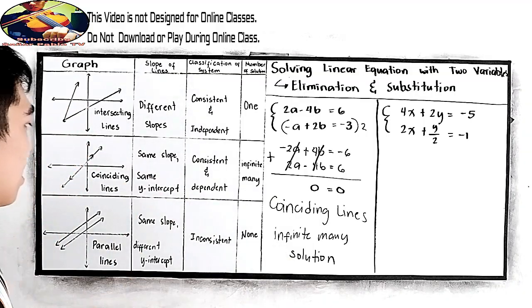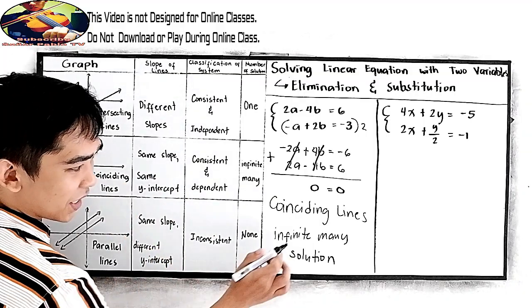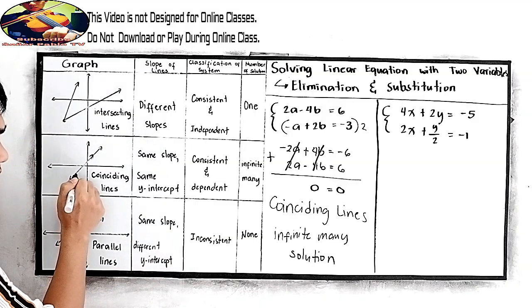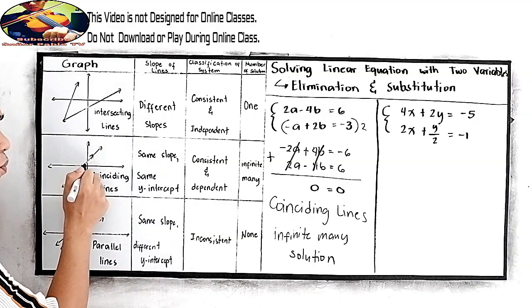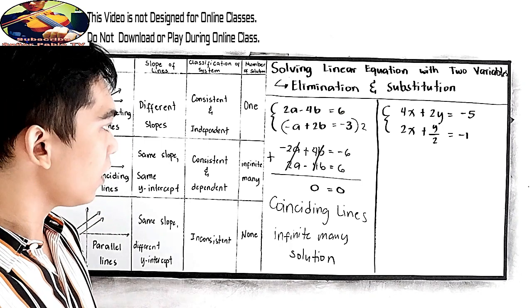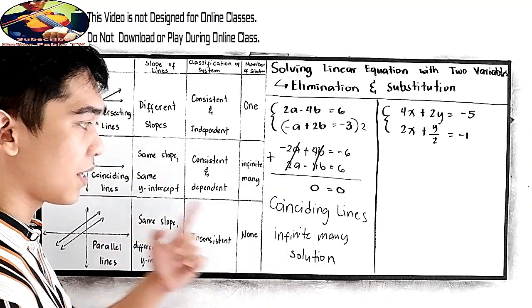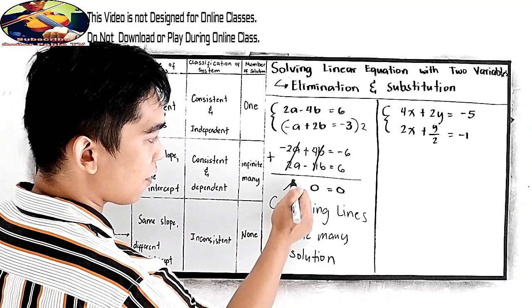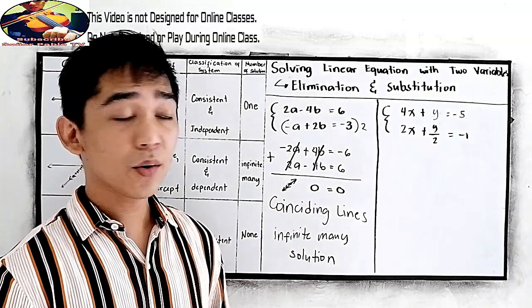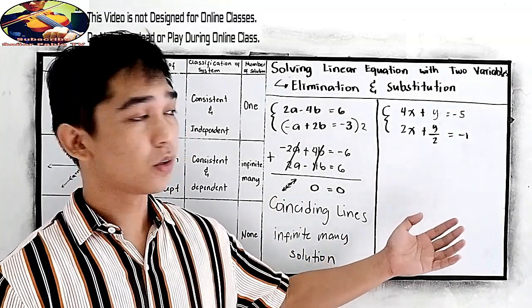In this case, why is it called infinitely many? Because our points are infinite. There are a lot. A line is composed of infinitely many points. Okay, so that's the coinciding line. So our graph will be like this one. And now let's try our example number 2.